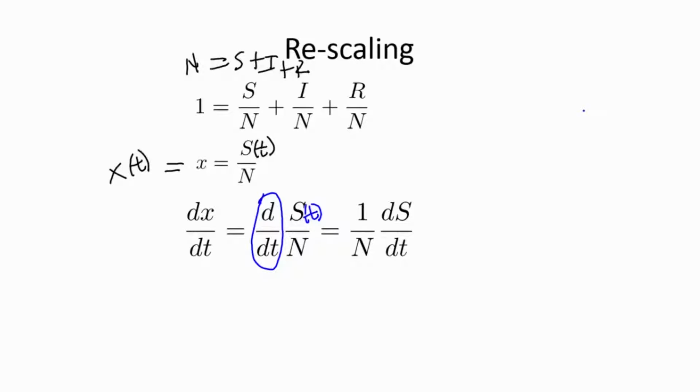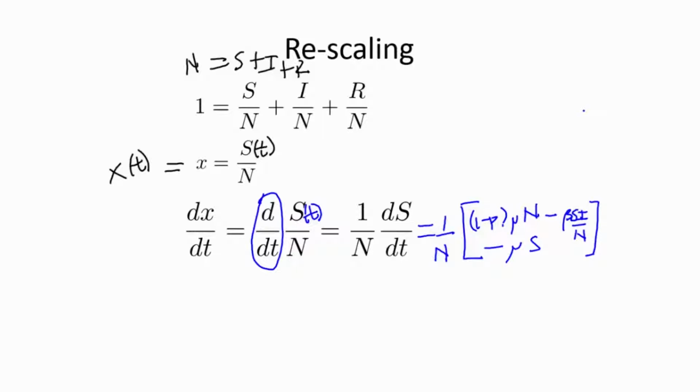So let's actually carry out this calculation. That means that we have the following. We have here 1 over n multiplying, I'm pretty sure I can write this so that it fits. This will multiply 1 minus p times mu n minus beta s I over n minus mu s.